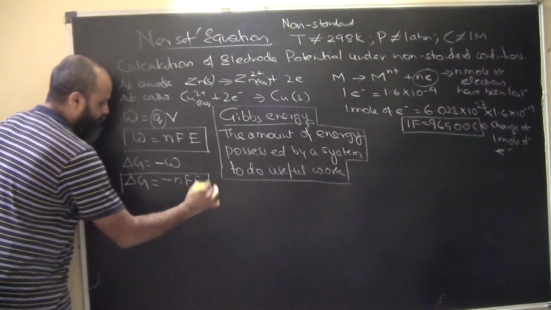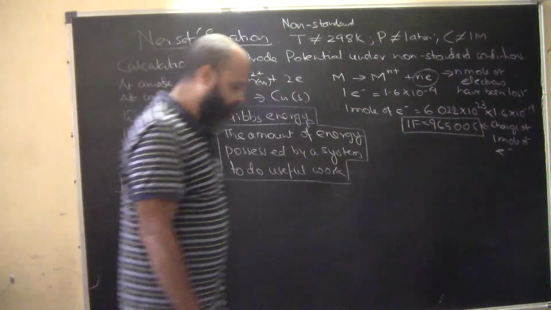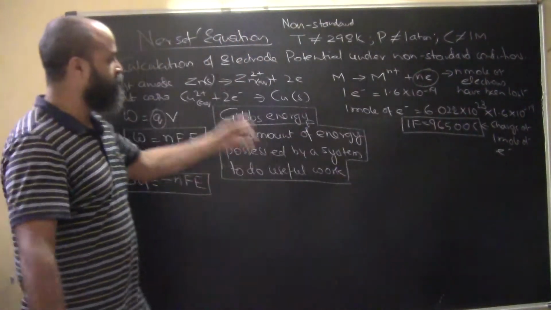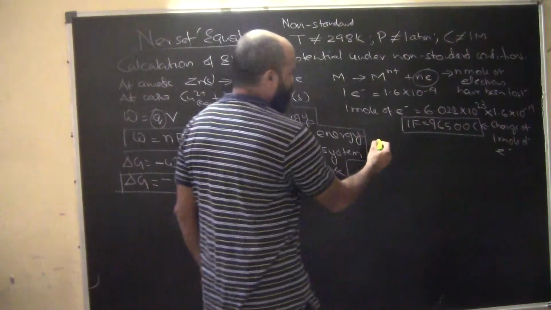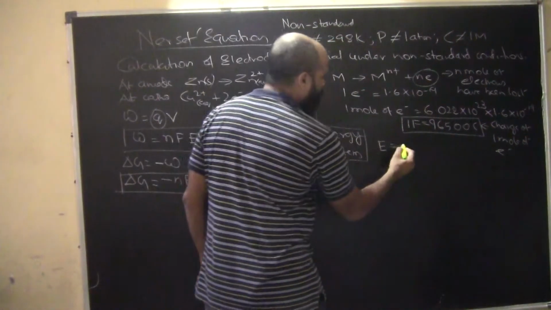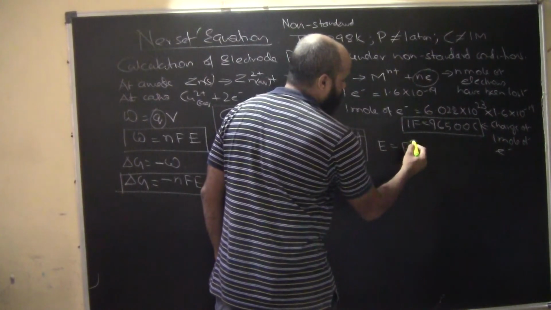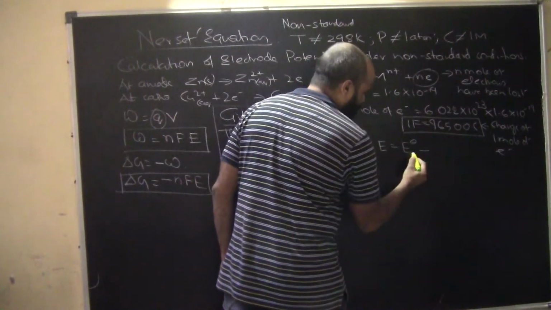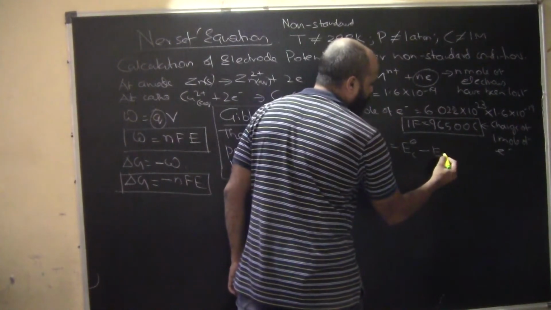Now, we were referring to non-standard conditions here. Now we will refer to standard conditions. So we know that for standard conditions, the EMF of any cell is equal to E naught, that is under standard conditions, E of cathode minus E of anode.